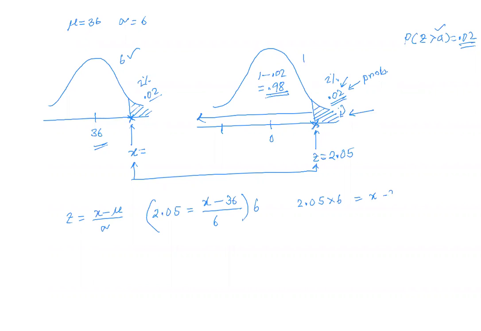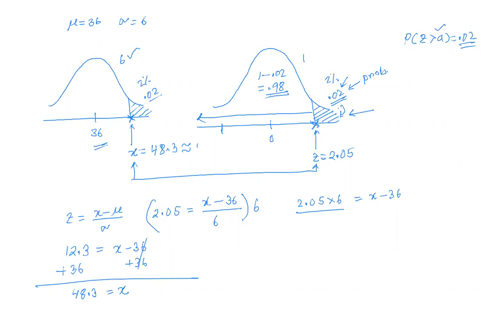Now 2.05 times 6 is 12.3, which is equal to X minus 36. Then you add 36 to both sides. That gives you 48.3 on the left and on the right just X. So your X is equal to 48.3 months, or approximately 4 years.